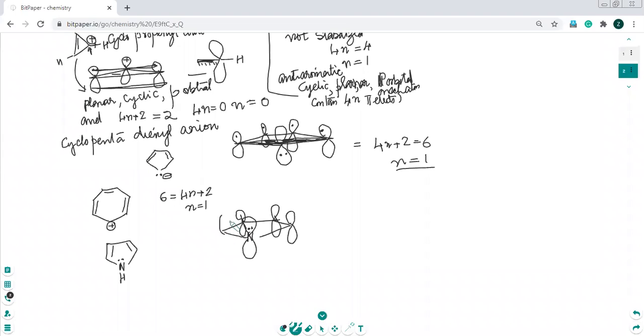So even though there is no double bond on this nitrogen, the lone pair will contribute that electron into this cloud. And therefore, this molecule is aromatic.